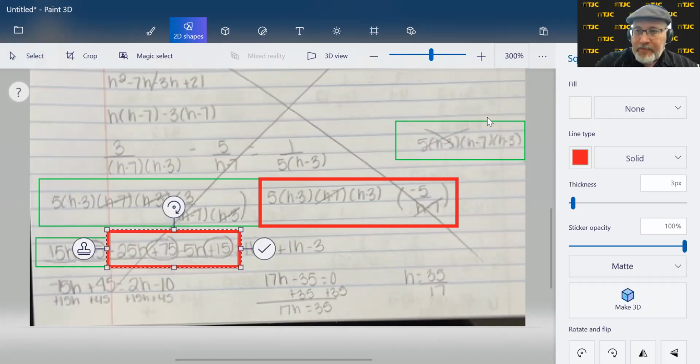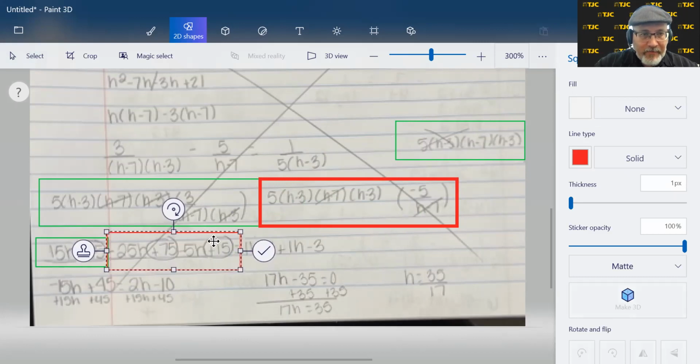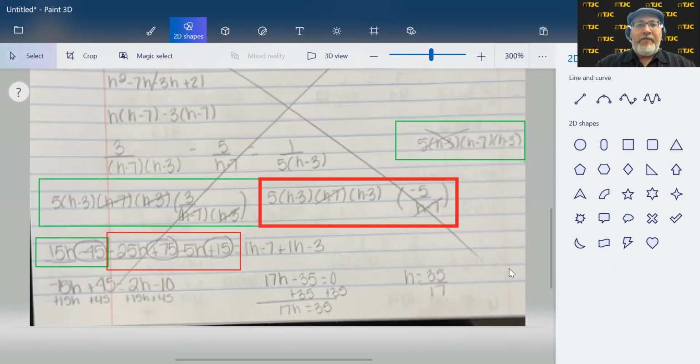So when you did this part right here, that's where things went a little bit off, because what you did was you distributed.